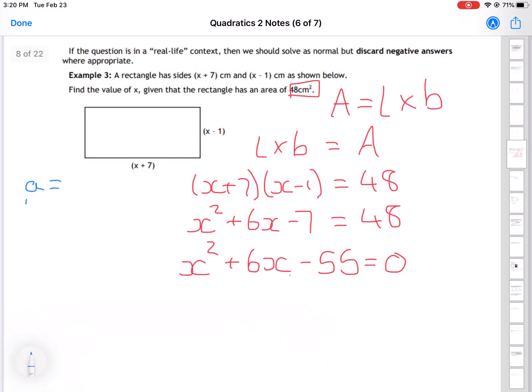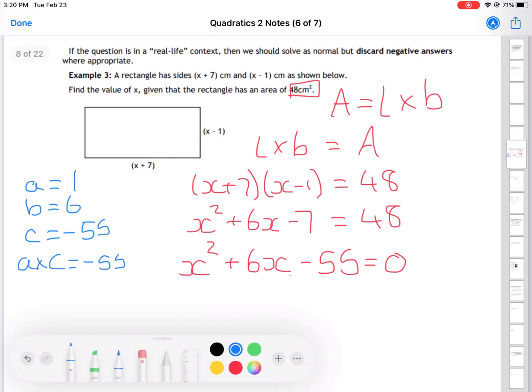So we've got a trinomial, which means we factorise using the ABC method. So A is 1, B is 6, and C is negative 55. A times C then is negative 55. I need two numbers that multiply to give negative 55 and add to give me the 6 in the middle.